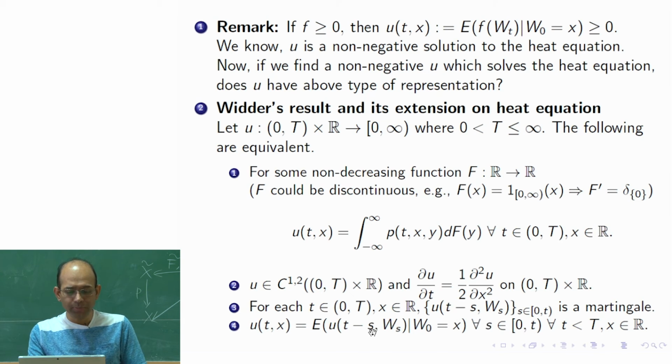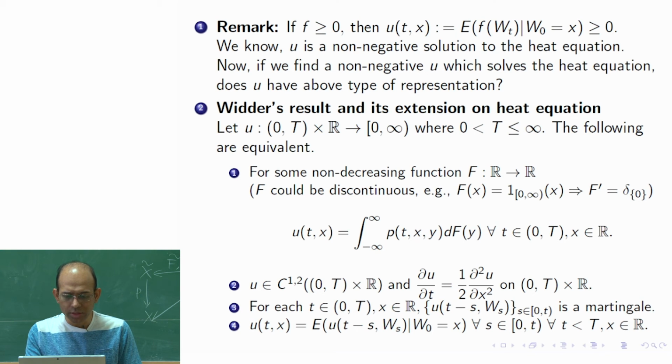So if I fix one particular s, say s is not allowed to take value t, because if I put t, then u of 0 would appear, but I do not have that, and u is also defined only on the open interval 0 to capital T. But if I put s equal to 0, then I can check what it means.